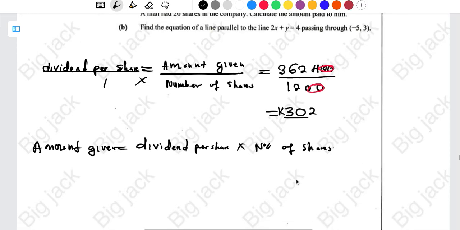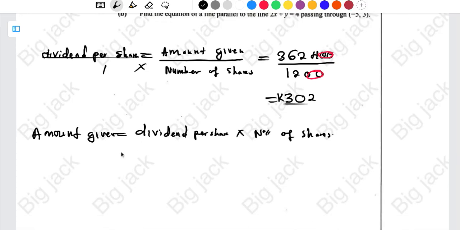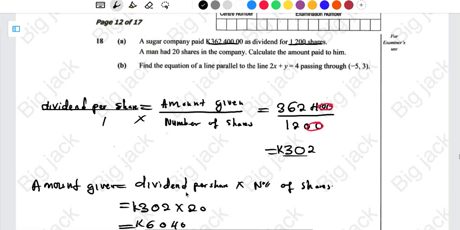The dividend per share is 302, multiplied by the number of shares, which is 20. When I multiply, I get 6,040. So this is the amount of money which the man was given.